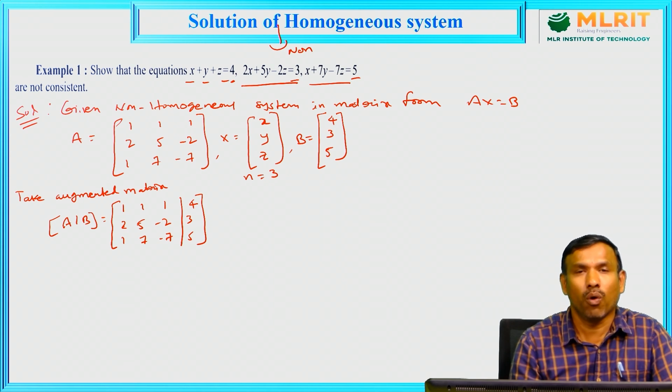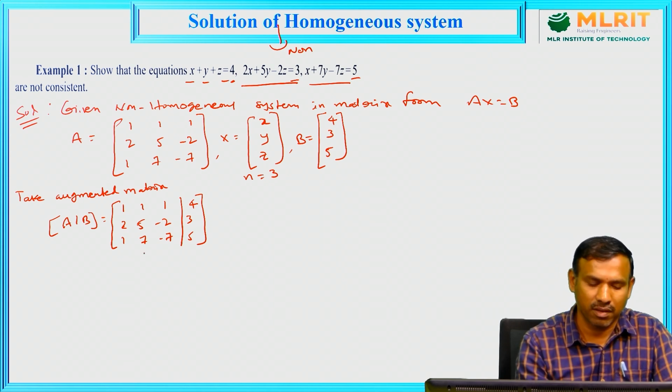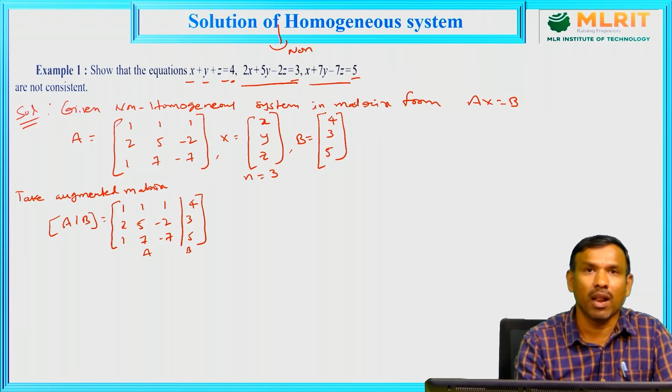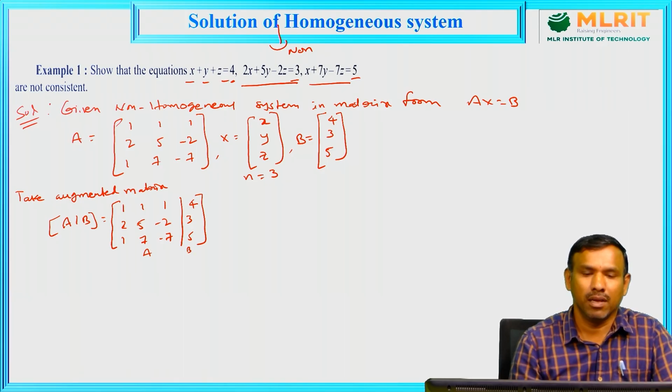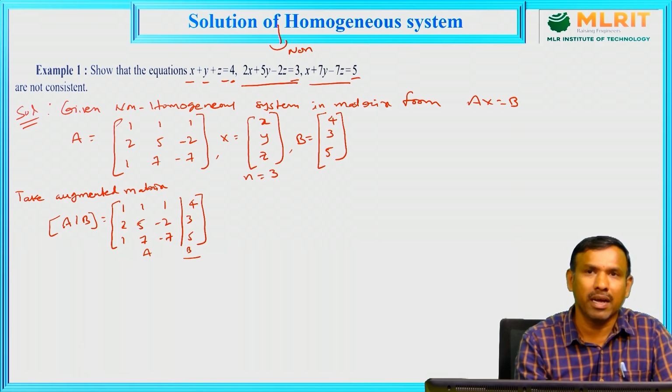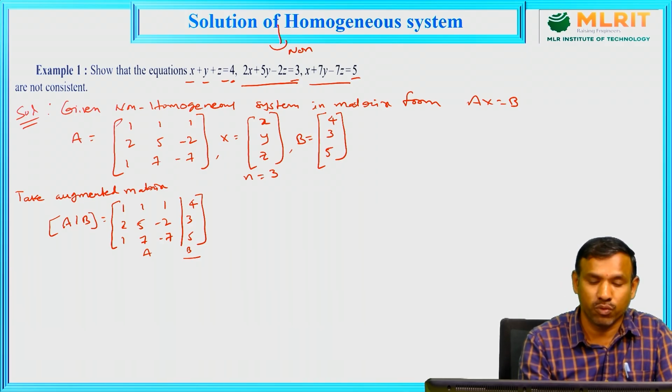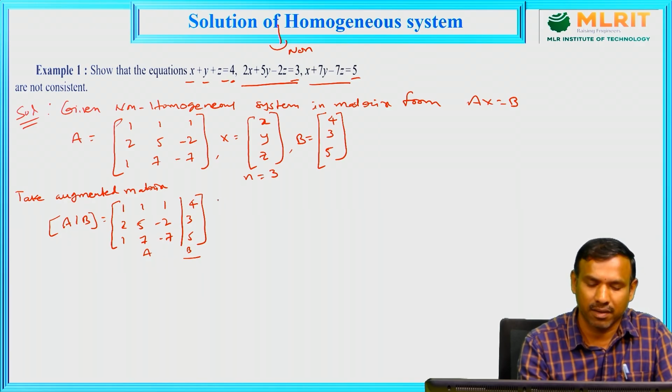Since we are using only row operations, the A matrix and B matrix will not get mixed together. If we close the last column, we get the rank of A, and considering it completely, we get the rank of A by B. So echelon form is better for finding both ranks at a time.